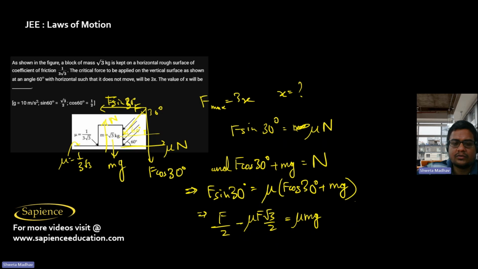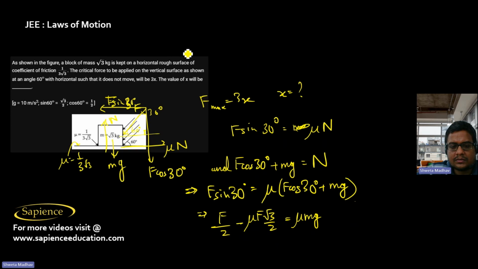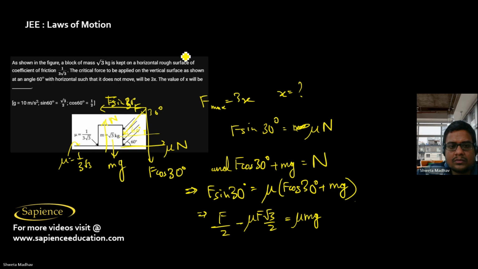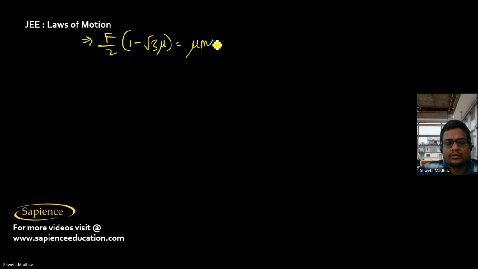From here F by 2 I can take as common, so F by 2 into 1 minus root 3 mu is equal to mu mg.